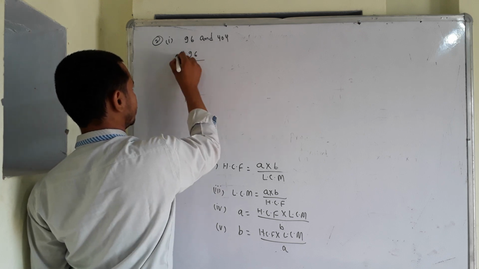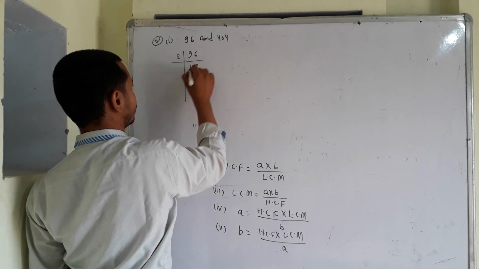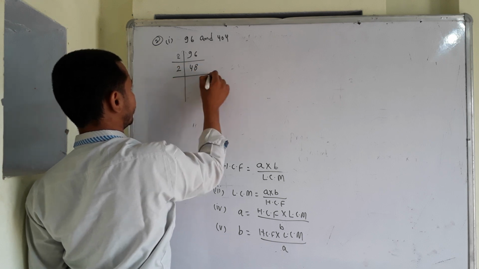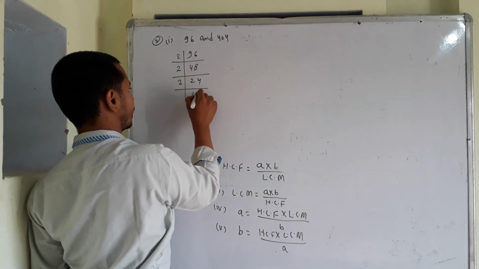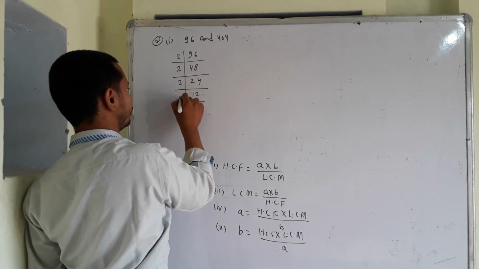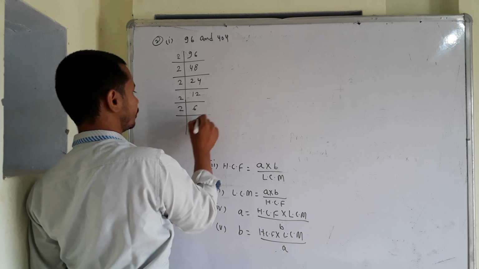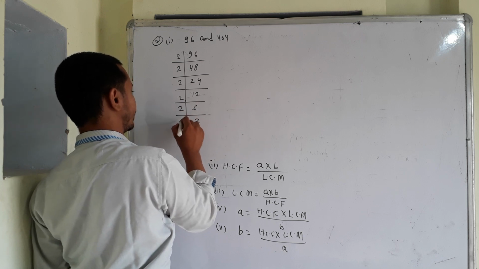We divide by 2, so 48. Again divide by 2, so 24. Again divide by 2, so 12. Again divide by 2, so 6. Again divide by 2, so 3. And the last factor of 96 is 3.